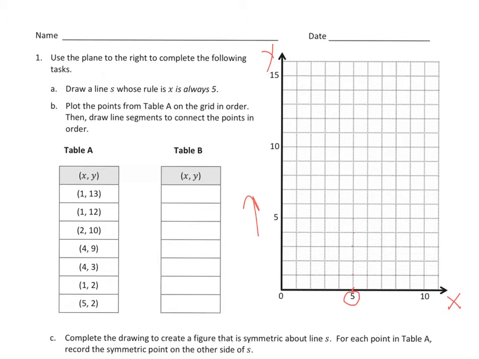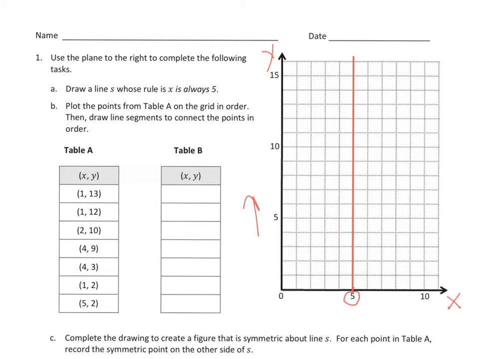So my line is going to be vertical, because it's going to run parallel to the y-axis. So I'm going to draw a line in there, and I'll do it in red, just so it helps me out. And I got to make sure that it goes up along the x equals 5 line. So right here.